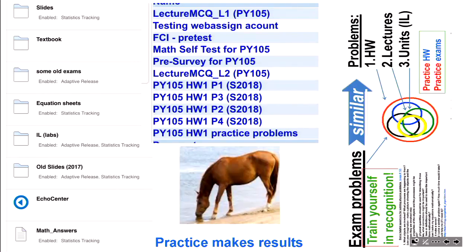Now, of course, I know many of you are concerned about exams, and as you know, because I told you, exam problems are similar to homework problems, lab problems, class problems, or a combination of those. And the best way to practice recognizing those similarities is practice, because practice makes results.